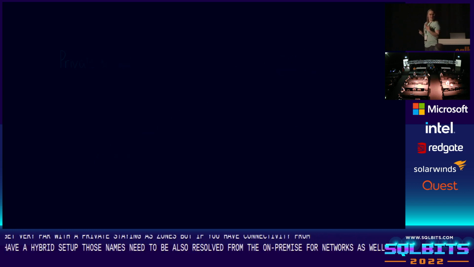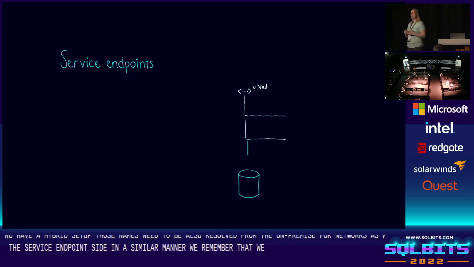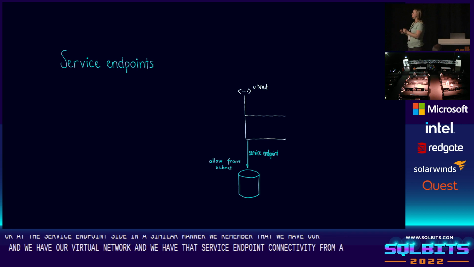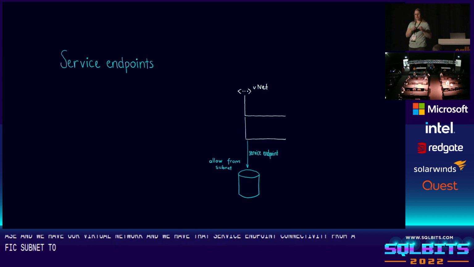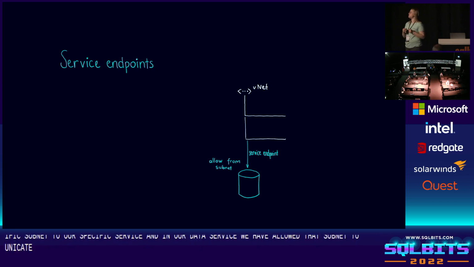All right. Then if we look at the service endpoint side in a similar manner, we remember that we have our database and we have our virtual network, and we have that service endpoint connectivity from a specific subnet to our specific service. And in our data service, we have allowed that subnet to communicate to that service.